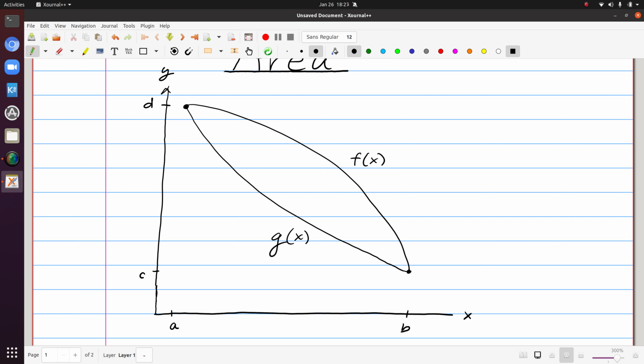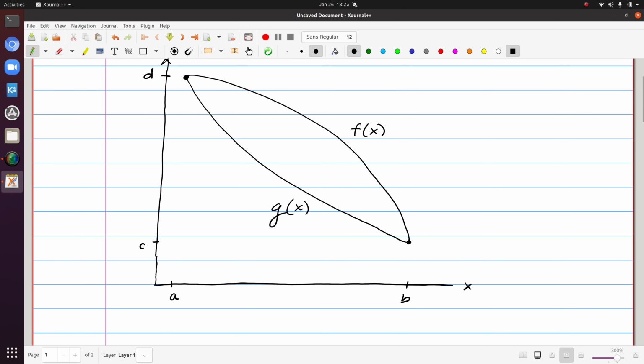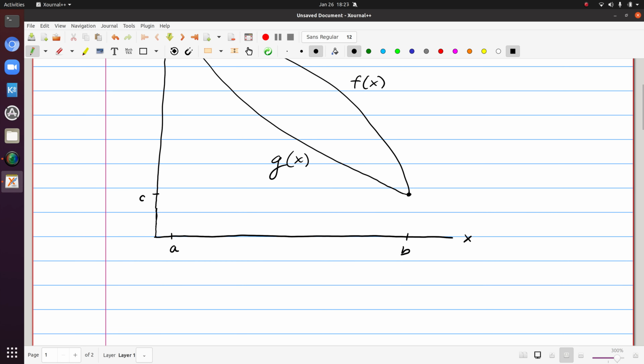And what I'd like to do is first think about the area between these two functions using what I'll call vertical slices. And that's exactly as it sounds.